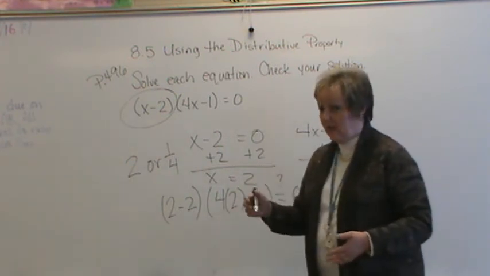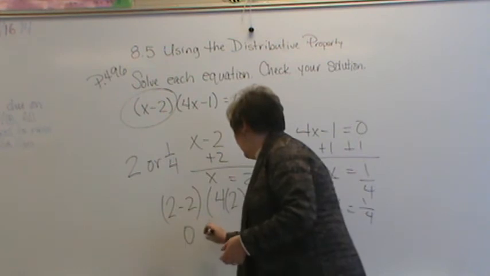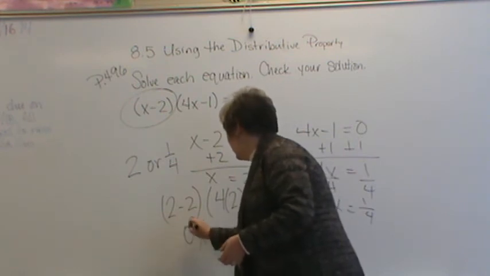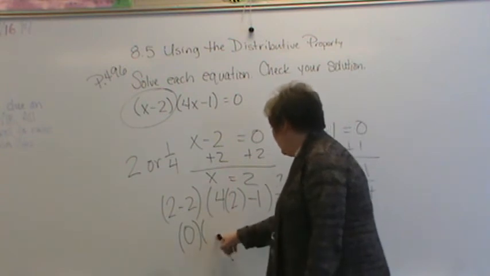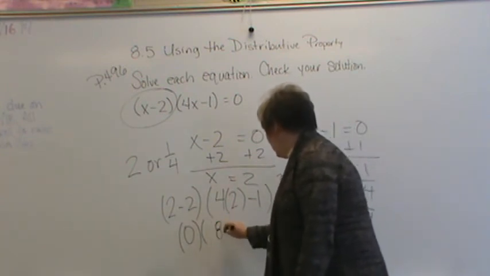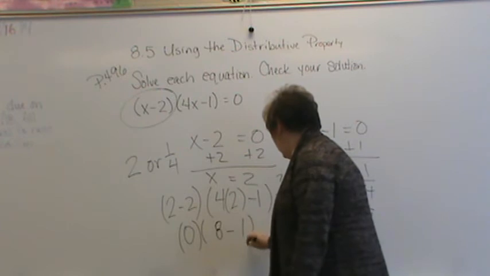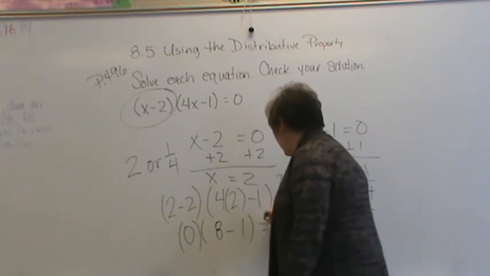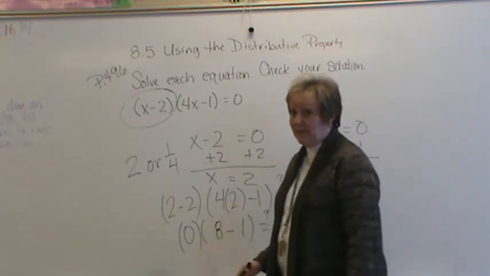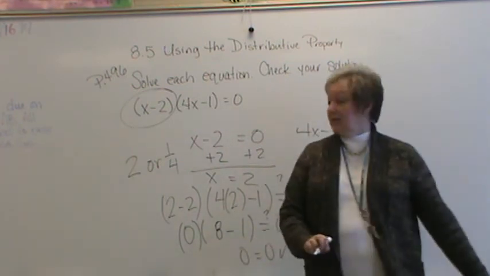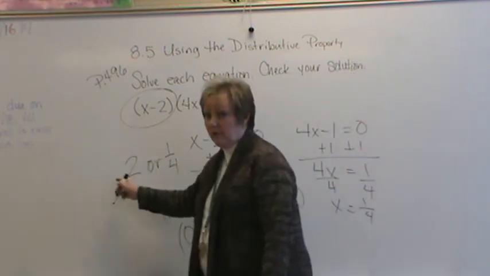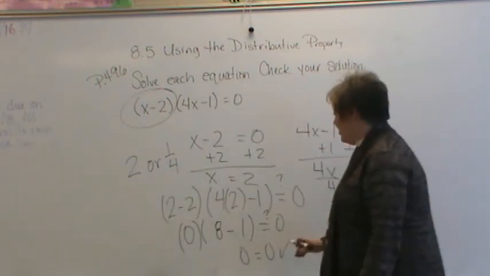Well, let's see if this is going to work out. 0 times 8 minus 1, does that equal 0? Well, 0 times anything is 0. So the 2, we know for sure, is an answer.